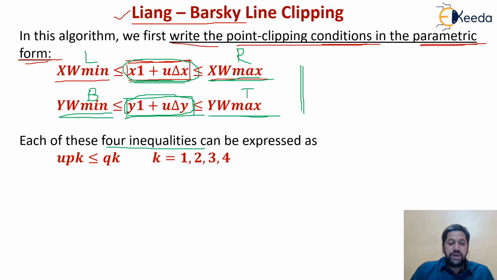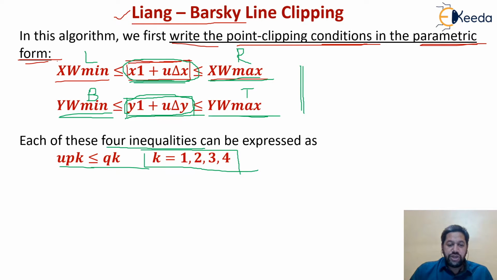Each of these inequalities can be expressed as u pk less than or equal to qk. Here I consider the line to have the points P and Q. K indicates the values 1, 2, 3, 4, which are my four conditions.